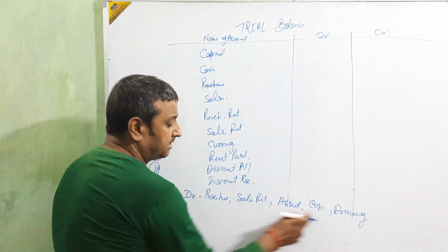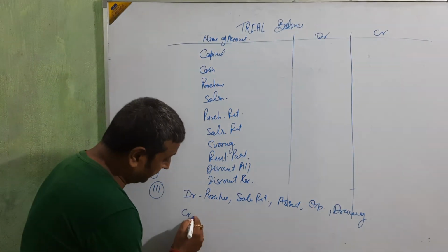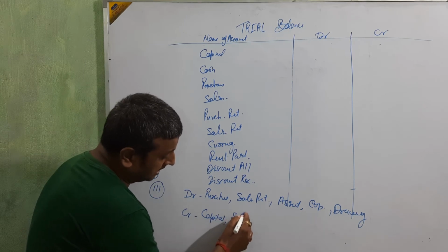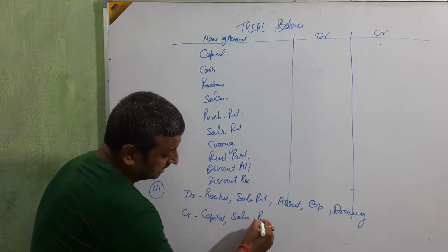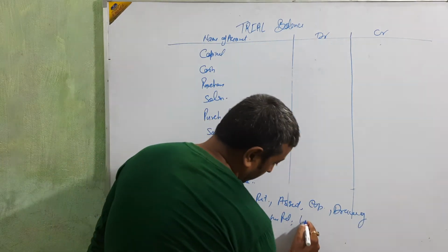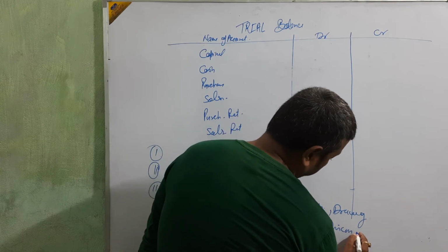And credit: capital, sales, purchase return, liabilities, income.